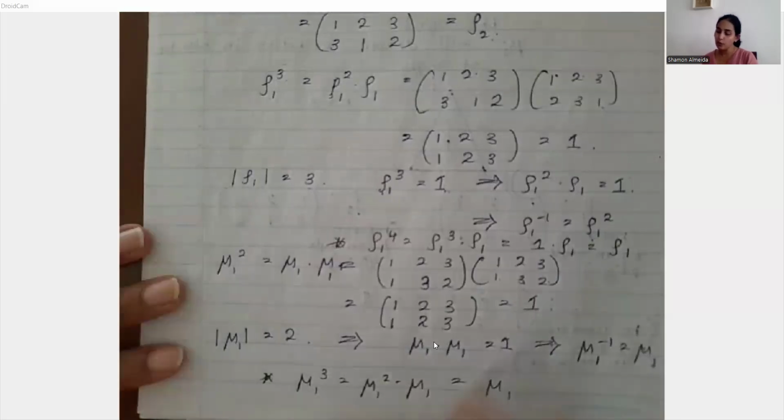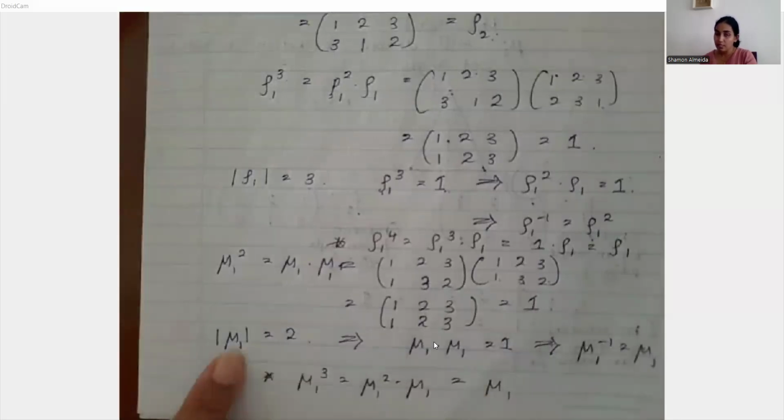Now, what I'm going to do is, we know that rho 1 is an element, mu1 is an element. I'm going to take the product of the two. Let's take mu1, rho 1, right?